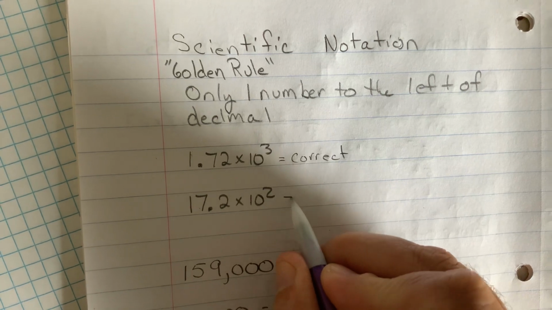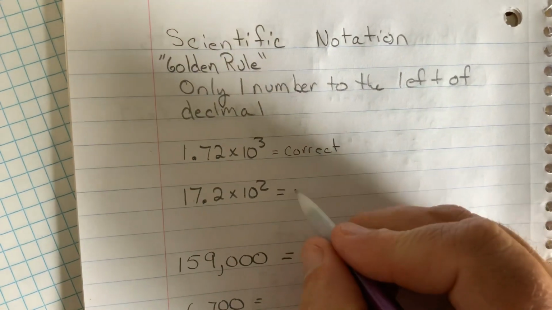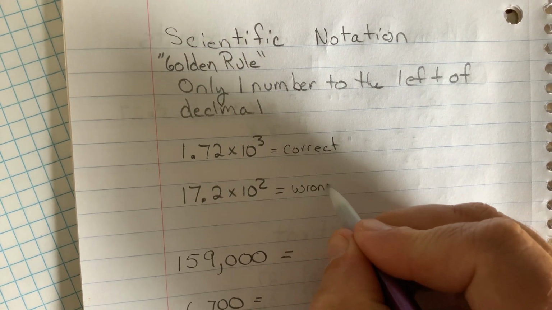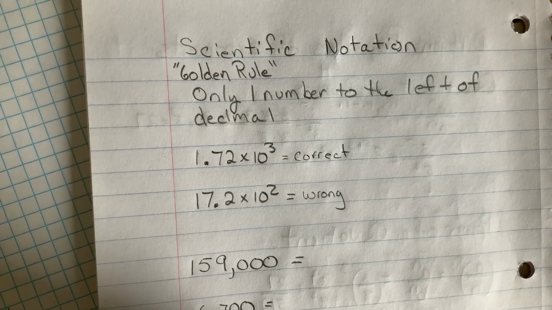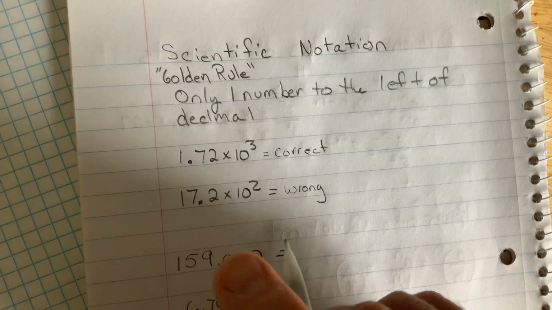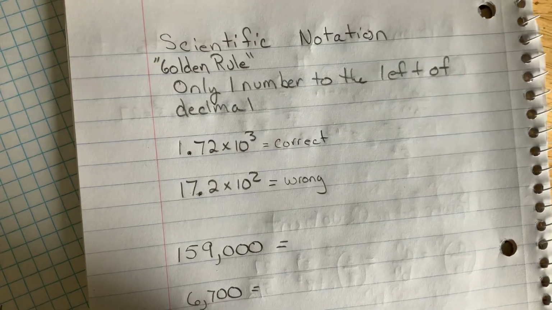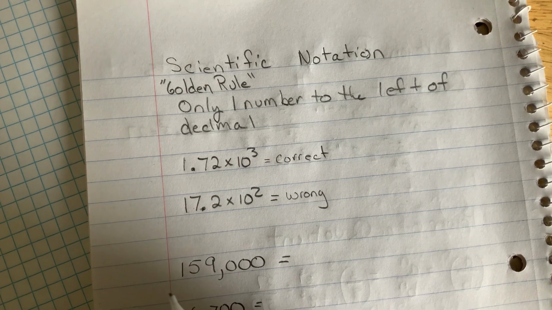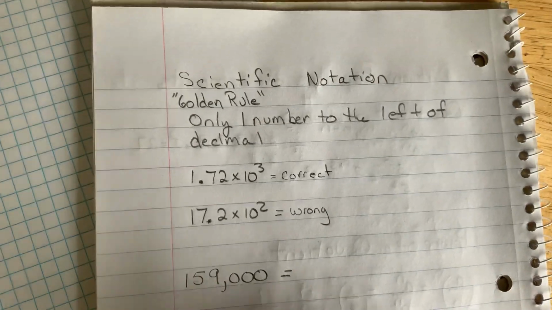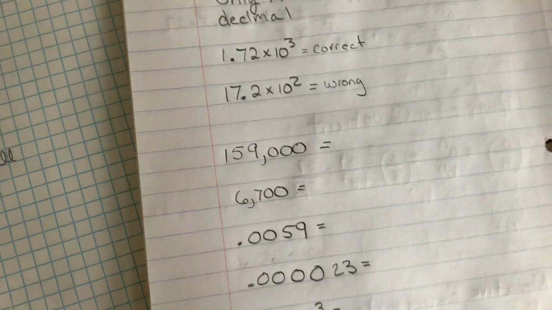The one where it says 17.2 would be wrong. The reason it's wrong is because you can only have one number to the left of the decimal, and this one has 2. That number has to be between 1 and 9, including 1 and 9. It can't be 0, but it can be any number 1 through 9.